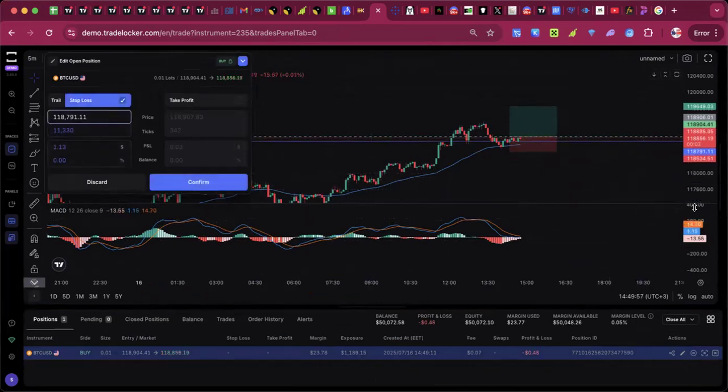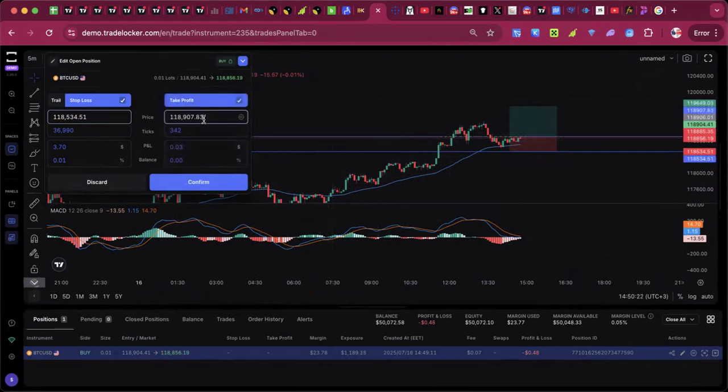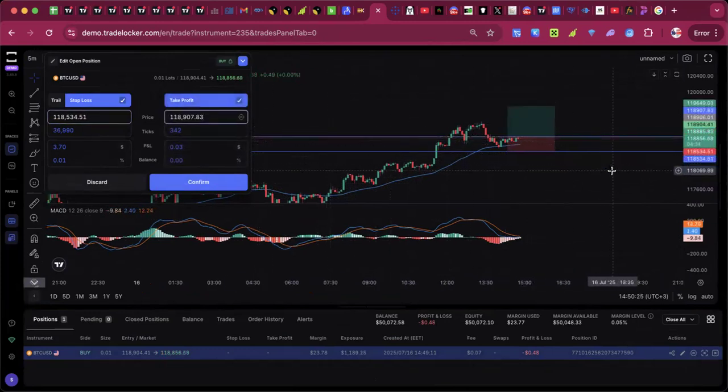Stop loss at 118.53, so it's a $3 risk. Just for doing an example, take profit at 119,649.03.